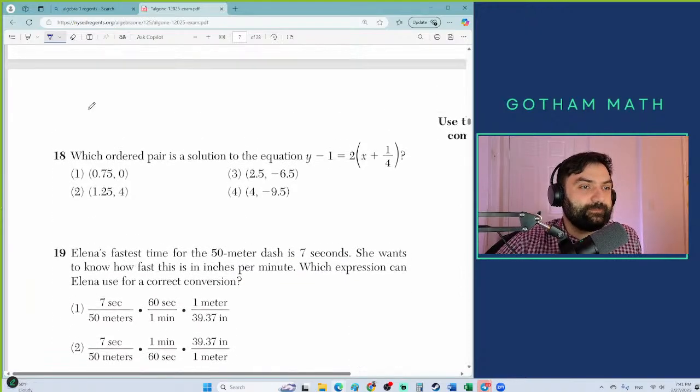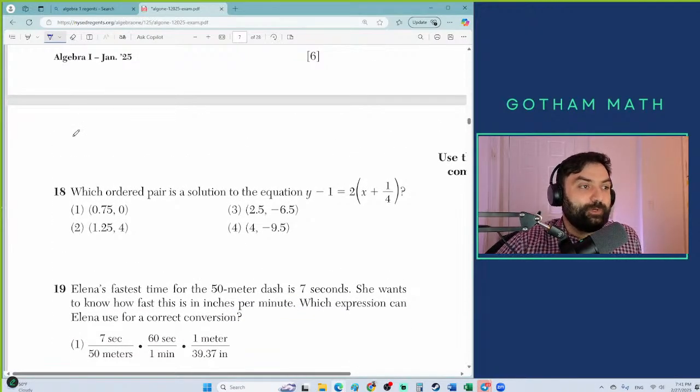Number 18. Which ordered pair is the solution to the equation? All right, we have to just plug in. Algebraically, there is no other way.